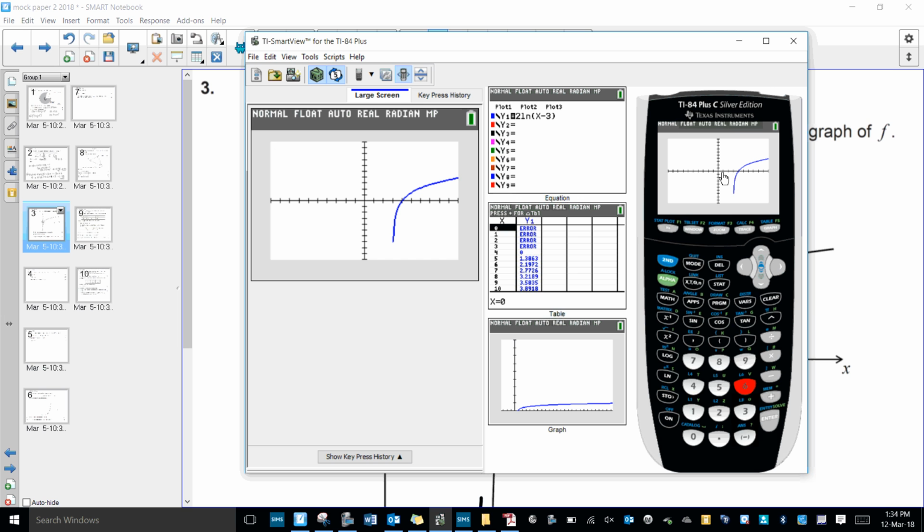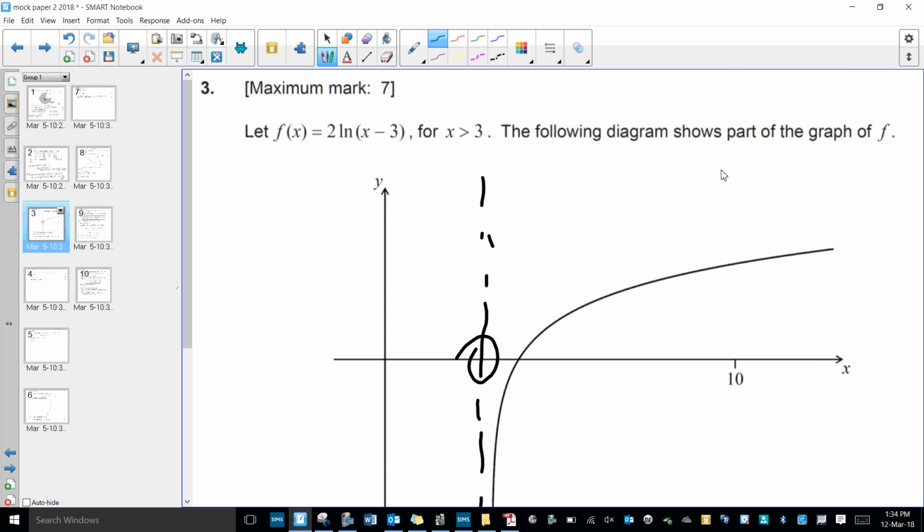And we also know from the nature of the graph that this has been translated 3 units to the right. Normally it would be going through this value 1, and the y-axis is normally our asymptote.